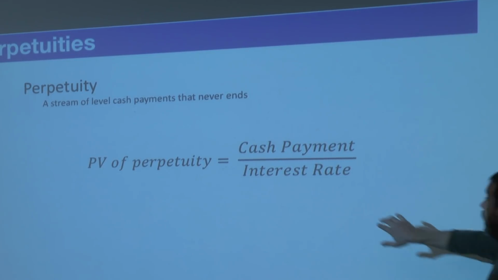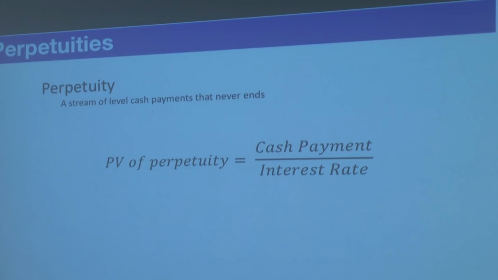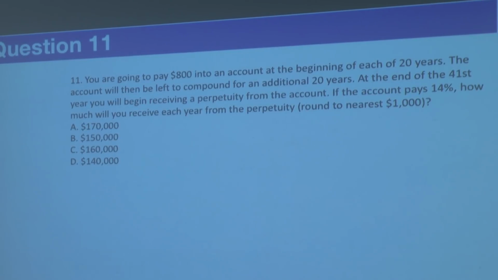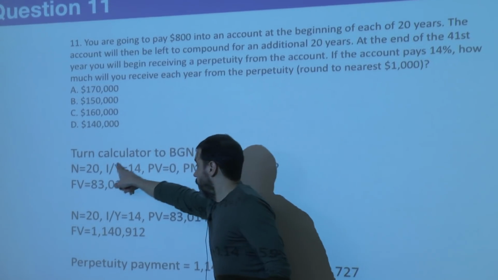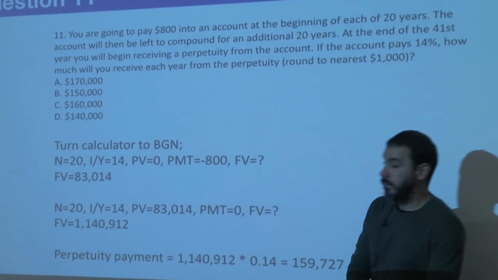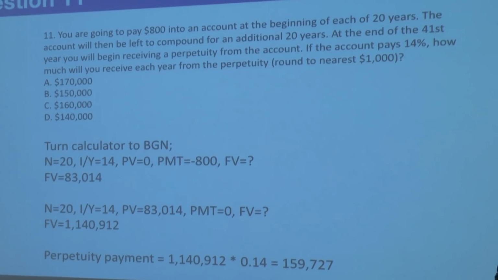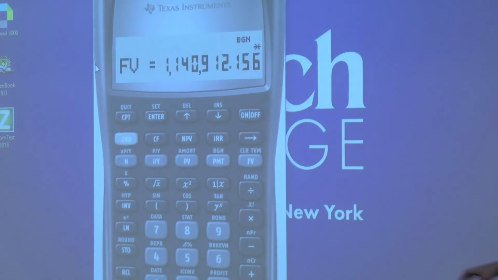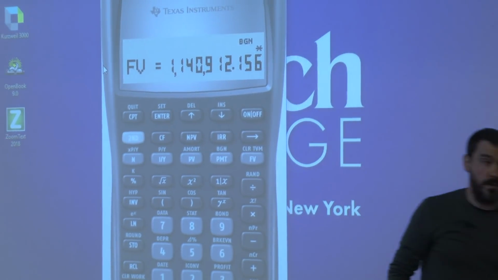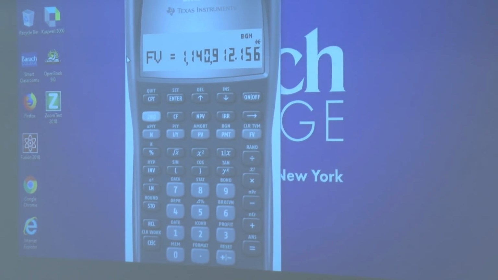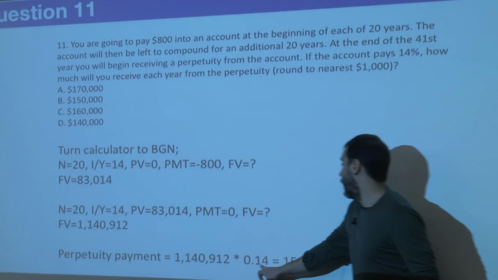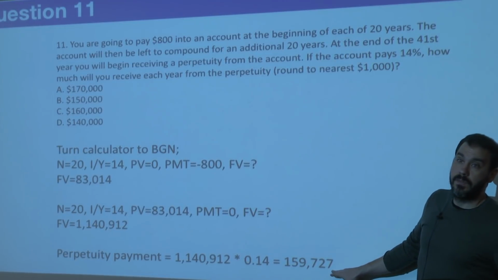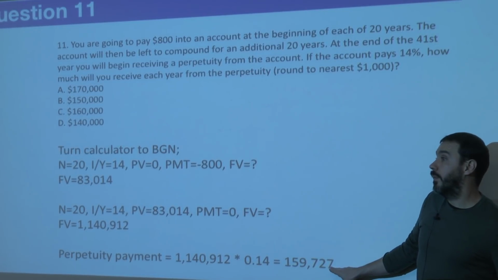That's right. So this is what we just did. I still have the number here, so I can show you it's actually the same thing. We did it right. And now we just multiply it by the interest rate to find the perpetuity payment.